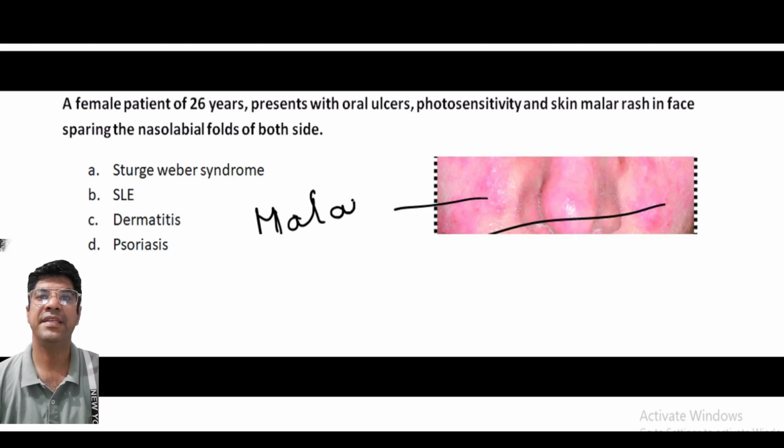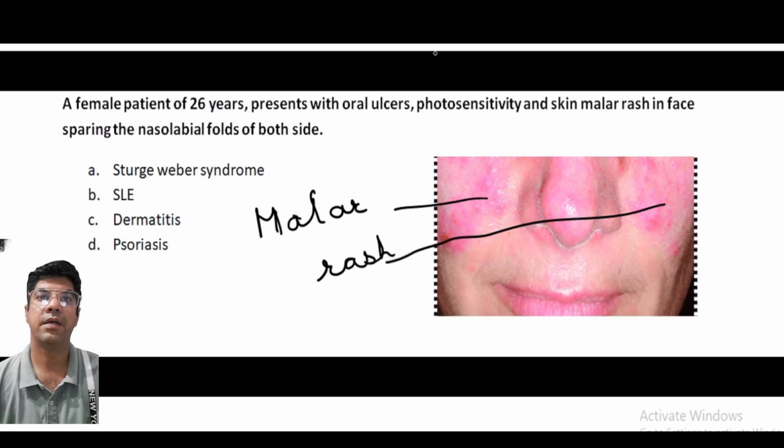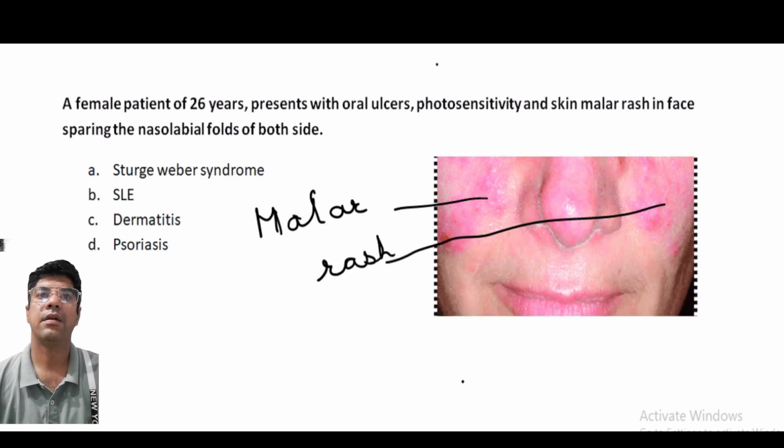So you can clearly see this malar rash. This malar rash is seen in SLE. The first option is Sturge-Weber syndrome.